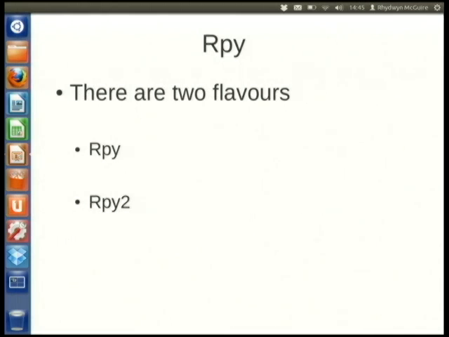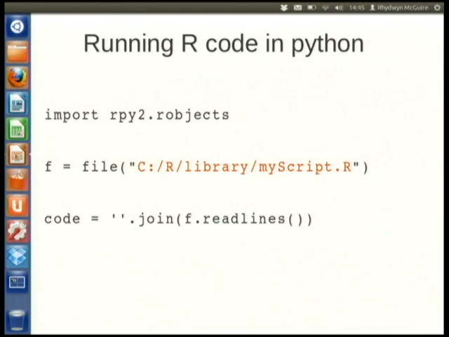So first off, running R code in Python. This is where you've got a script. It might be a legacy script. You might be working with a statistician who doesn't use anything but R and thinks that you're ridiculous for wanting them to use something other than R. It might be because you want libraries that are only available in R, or just it's a better solution. So this is a really simple way to do it.